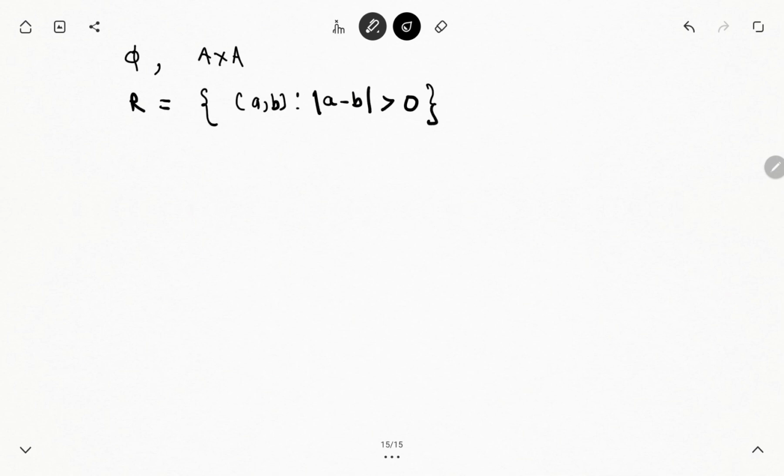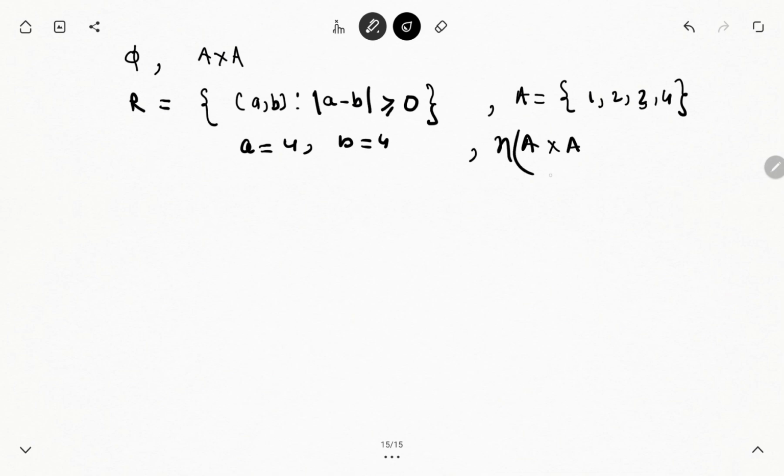Now see, elements of A you are going to consider from 1, 2, 3, 4, right? Is it true that the absolute value of A minus B is always greater than or equal to 0? You can consider A as 4, B as also 4. Now how many elements of A cross A will you get? The cardinal number of this set will be 4 cross 4, that is 16.